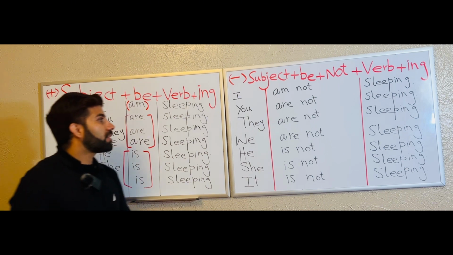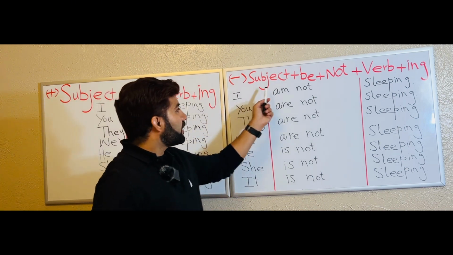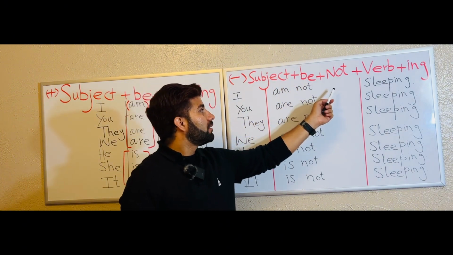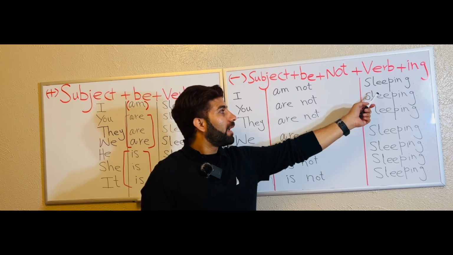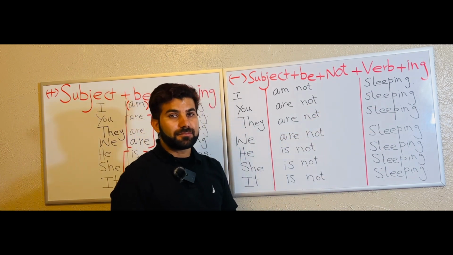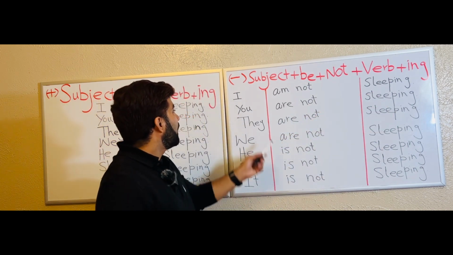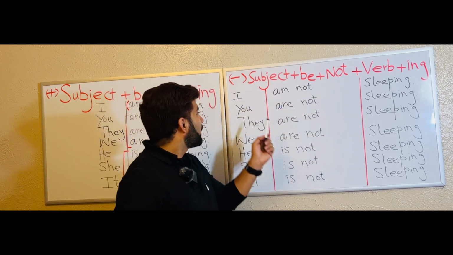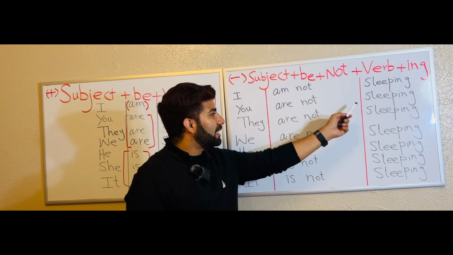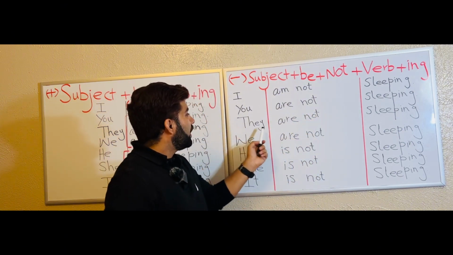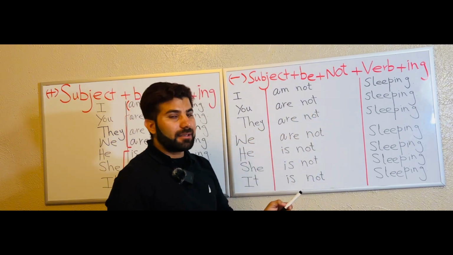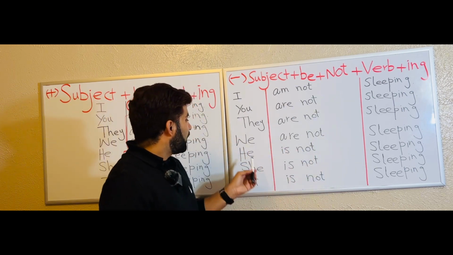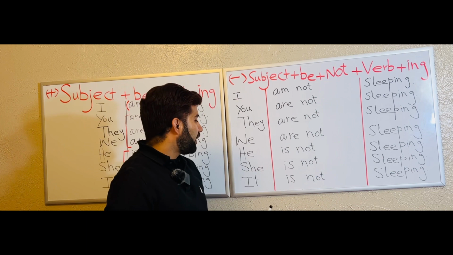In a negative structure, we use subject plus be verb plus not plus action verb and then plus ing. For example, I am not sleeping. You are not sleeping. They are not sleeping. We are not sleeping. He is not sleeping.